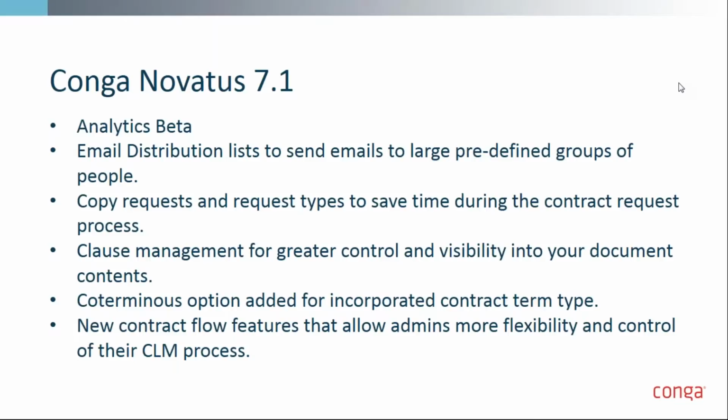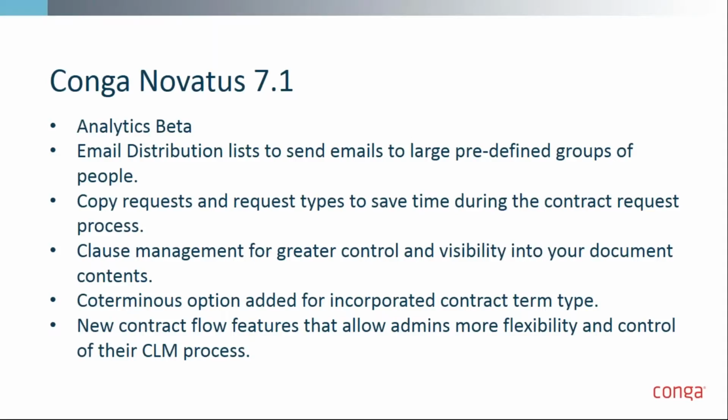Clause management is geared towards being able to reach into your document contents, see what's in your documents, and pull meaningful data out of those documents. We've also implemented a coterminous term type, and what that means is a sort of rolling down of contract statuses and expiration dates amongst your contract profiles.